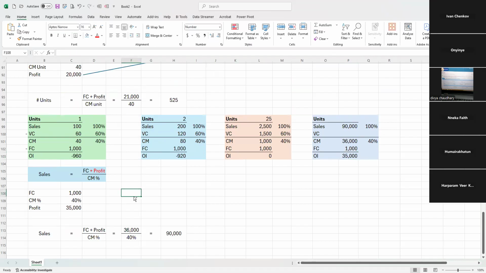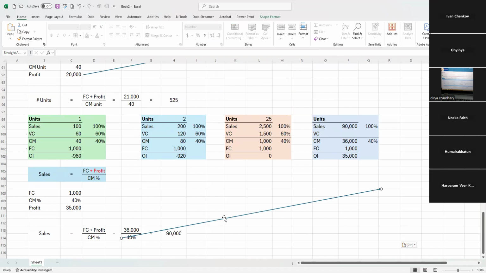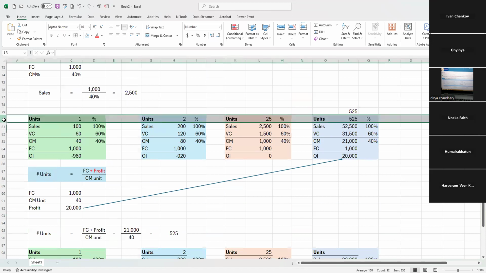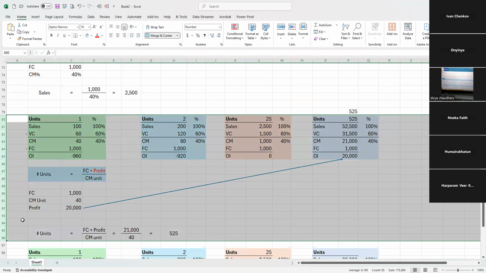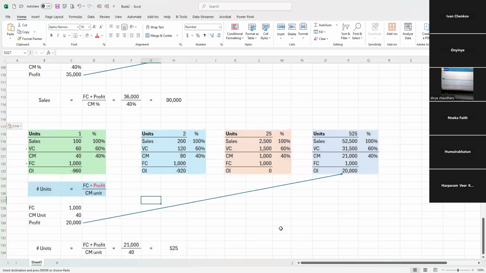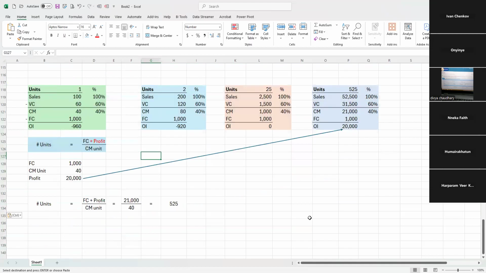So now the next thing that I want you to realize is, let's make the link between 35 and this 35. Here at this point, when we're having this situation, this is our break-even point, correct?